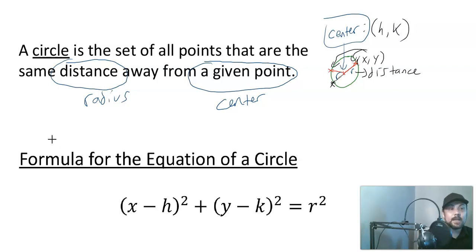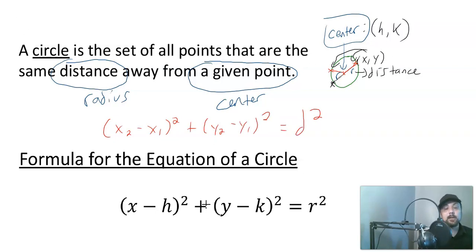So if you take these labels and plug them into the distance formula, right? So remember the distance formula, I'm going to write it flipped around, right? It's going to be x2 minus x1 squared plus y2 minus y1 squared equals the distance squared. And you plug in these new labels into that formula, you get the equation of a circle, right?